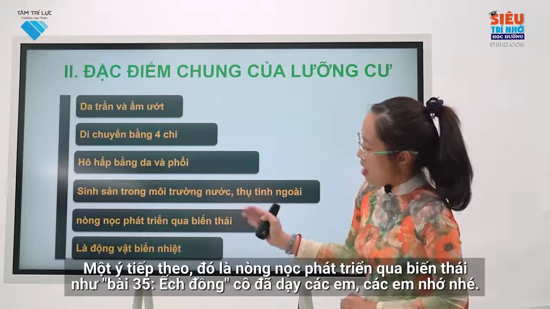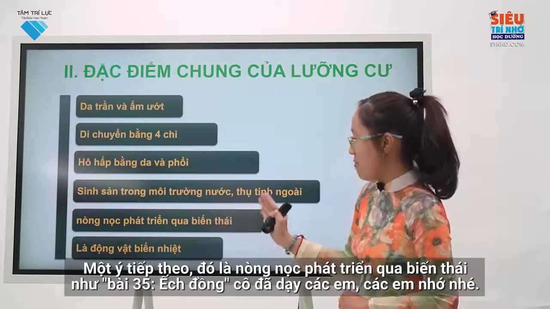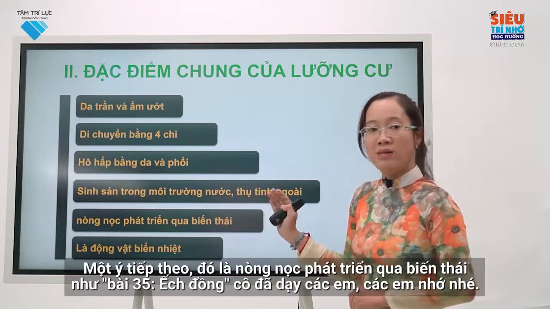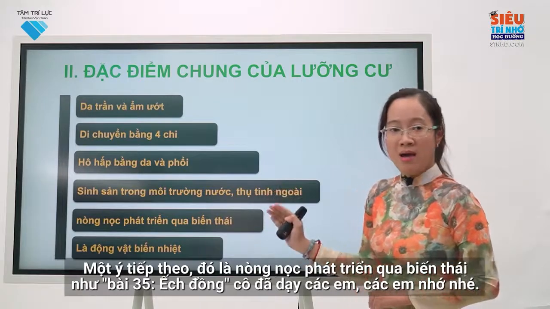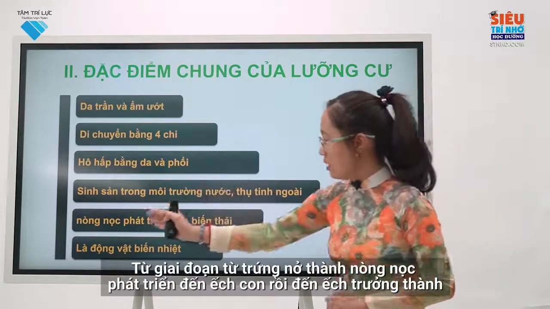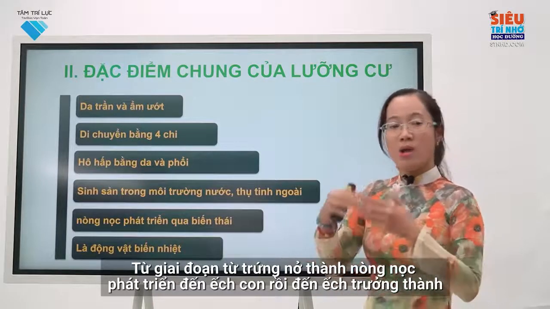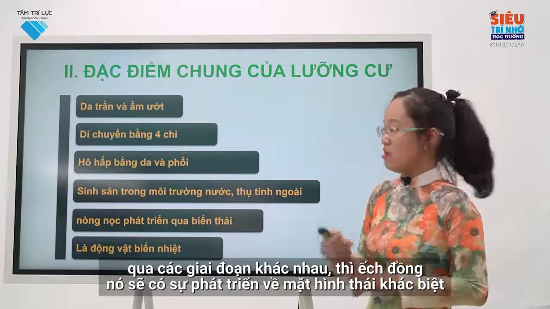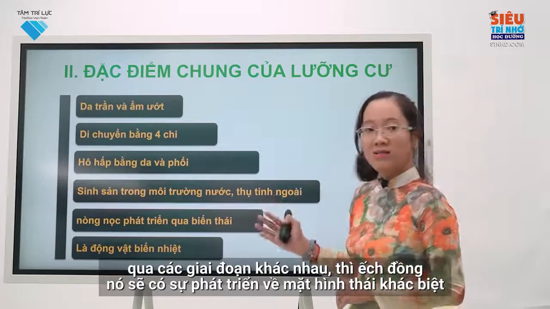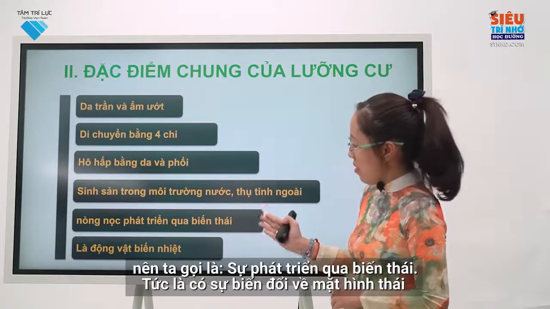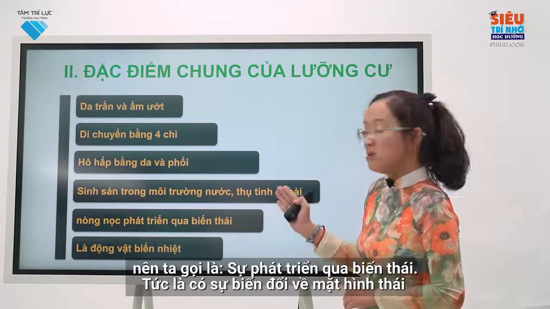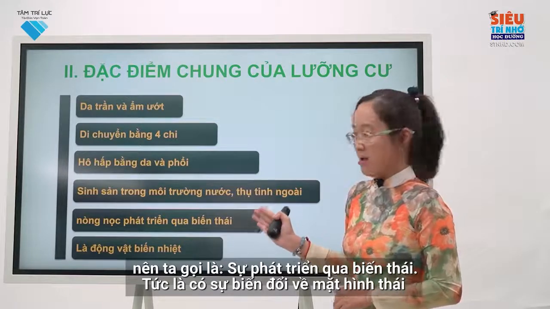Another characteristic is that tadpoles develop through metamorphosis, like the East Asian bullfrogs I taught you in Lesson 35. Remember? From the frog egg hatching to the tadpole, developing to the baby frog, and then to the adult frog, through different stages it has a different morphological development. So we call it metamorphic development, which means there is a change in morphology.